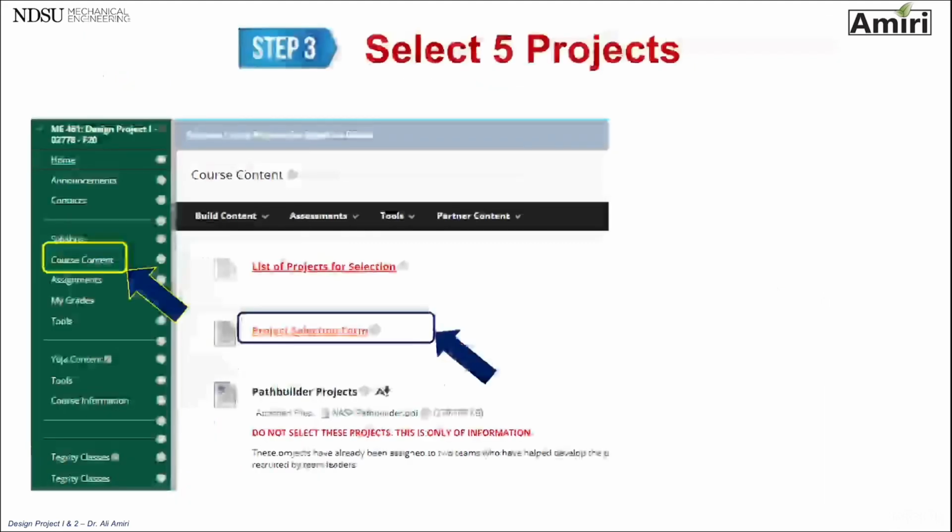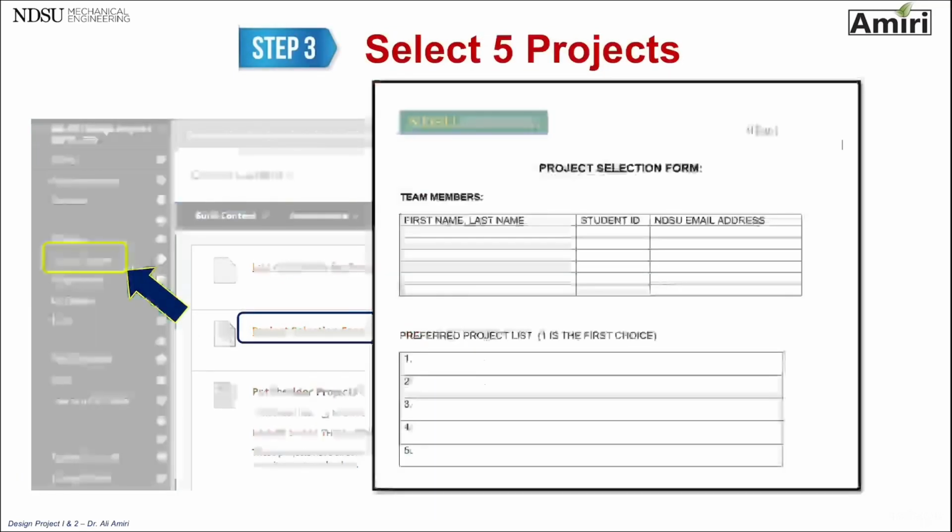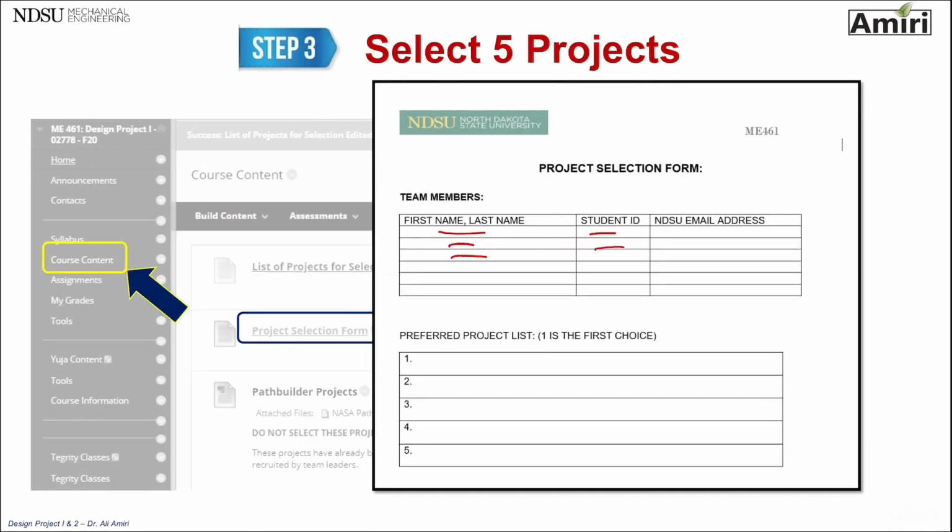So step 3 is pick 5 projects that you're interested in. 5 projects. So if you go to course content, click on project selection form. There's a Word file like this. You write your names, student ID, email addresses in the table, and you pick 5 projects from the list. 1 is your first choice, second is your second choice, and so on.